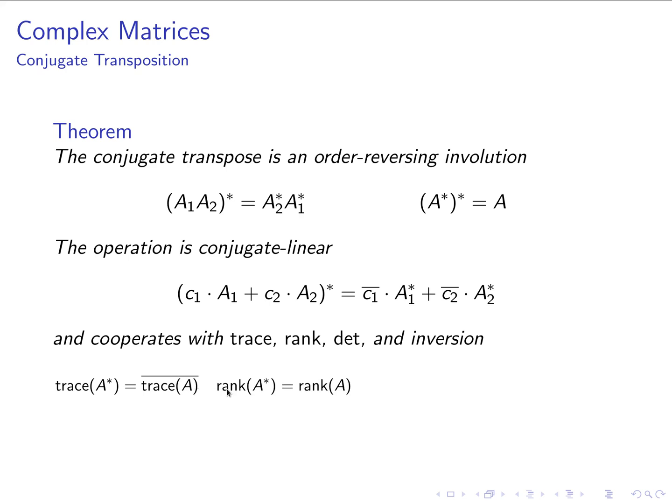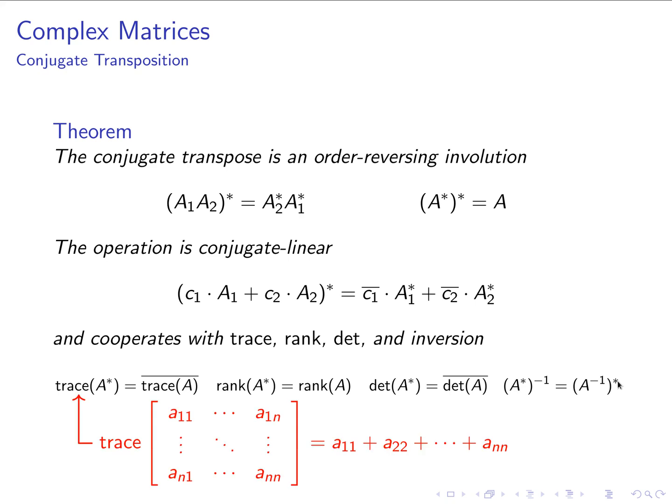The rank of the conjugate transpose of a matrix is always the same as the rank of the original matrix. The determinant of the conjugate transpose of a matrix is always the conjugate of the determinant of the original matrix. And if we take the conjugate transpose and then invert, that's the same thing as the inverse, and then we conjugate transpose.